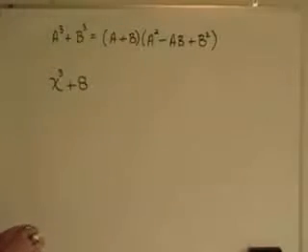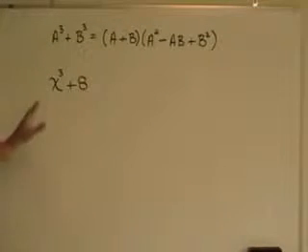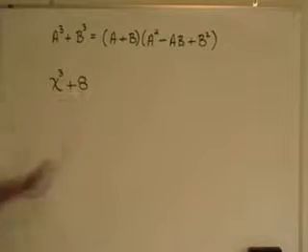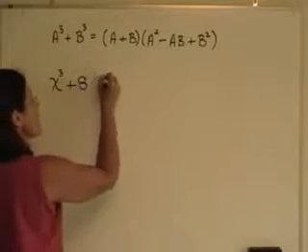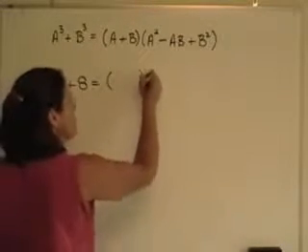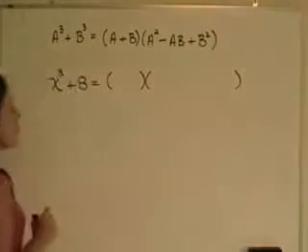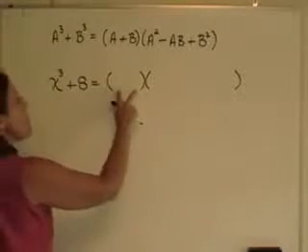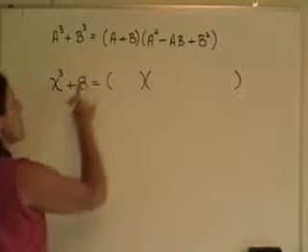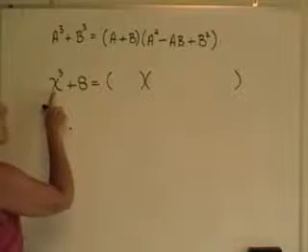Let's do an example. If I were going to factor the sum of perfect cubes, in this case x cubed plus 8, I would be looking to write this as the product of a binomial times a trinomial. Inside this binomial, I have to put what we call a and b here, which is the cube root of this.